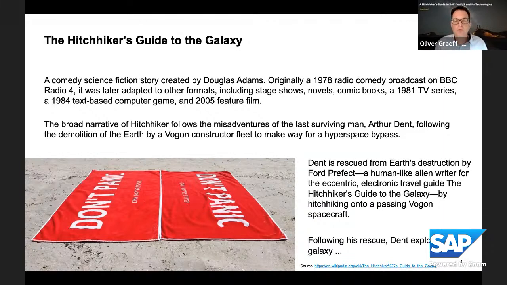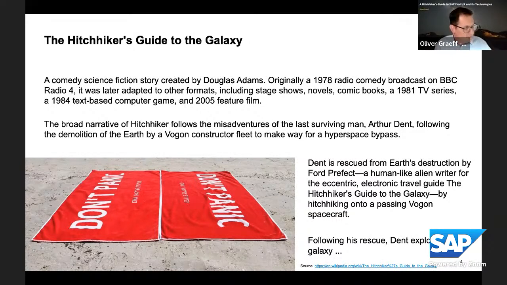In the last moment, Arthur Dent was rescued and is traveling the galaxy with aliens and friends, and lots of interesting things are happening. On his travels, he has an electronic guidebook. It's the Hitchhiker's Guide to the Galaxy.